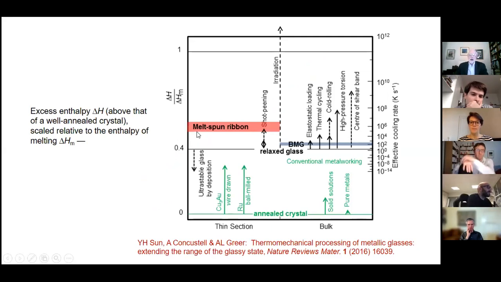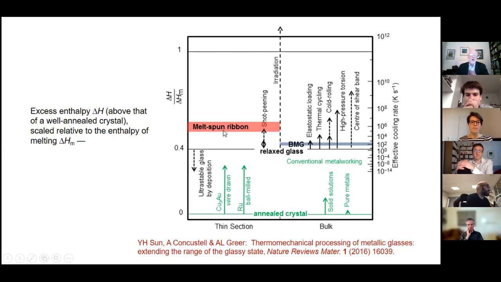Here is an energy scale looking at the energy of metallic glasses relative to the crystal. So I've already said the relaxed glass is about 40% of the standard heat of melting above the energy of the crystal. Of course, your as-made glass is not relaxed.